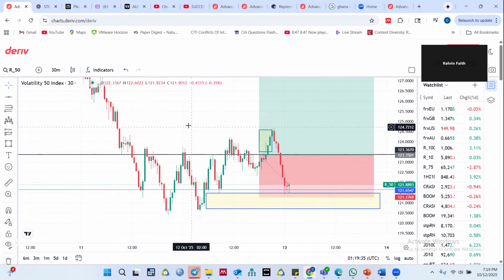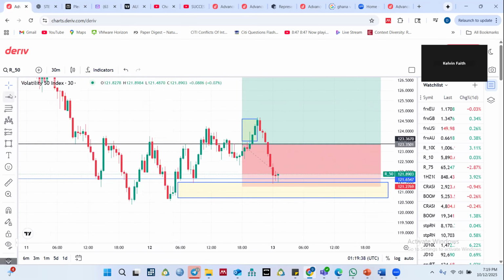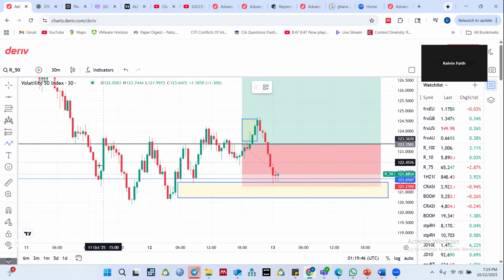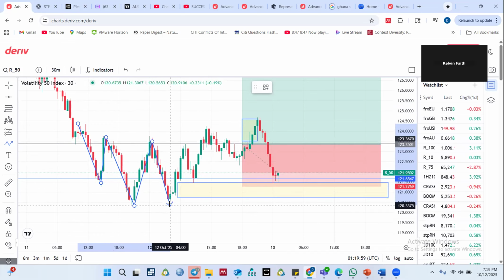So if you look at the pair well, you will see that we came up from here: lower low, lower high, lower low, lower high, higher low, lower high, higher low, higher high.